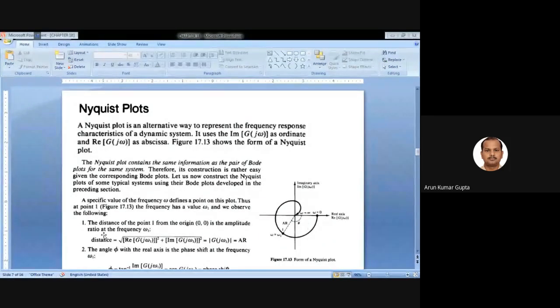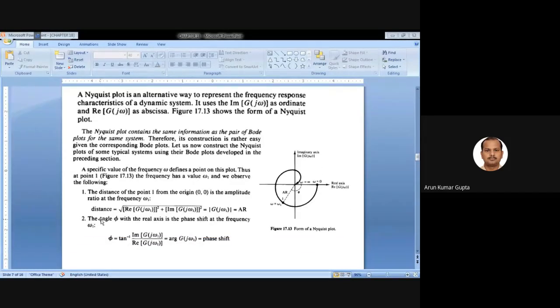So the distance of point 1 from the origin (0, 0) is the amplitude ratio at that particular frequency omega 1. That distance is calculated as we calculate the amplitude ratio, the square root of the real part square plus imaginary part square. And the phase angle is given by tan inverse of imaginary by real.